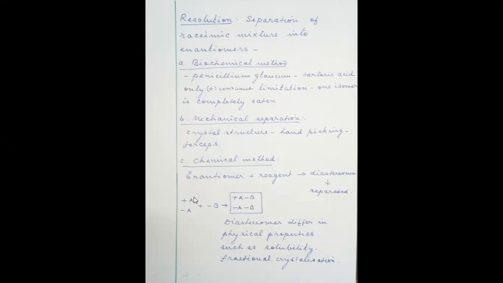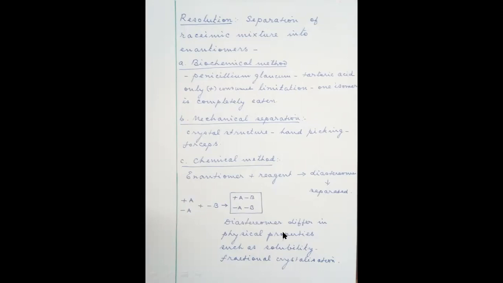Say for example, suppose the racemic mixture has plus A and minus A, and I allow this to react with a reagent, minus B. Now the minus B is able to react with the plus A and minus A, and what you get is plus A minus B and minus A minus B. Now these two are diastereomers, and they differ in physical properties.